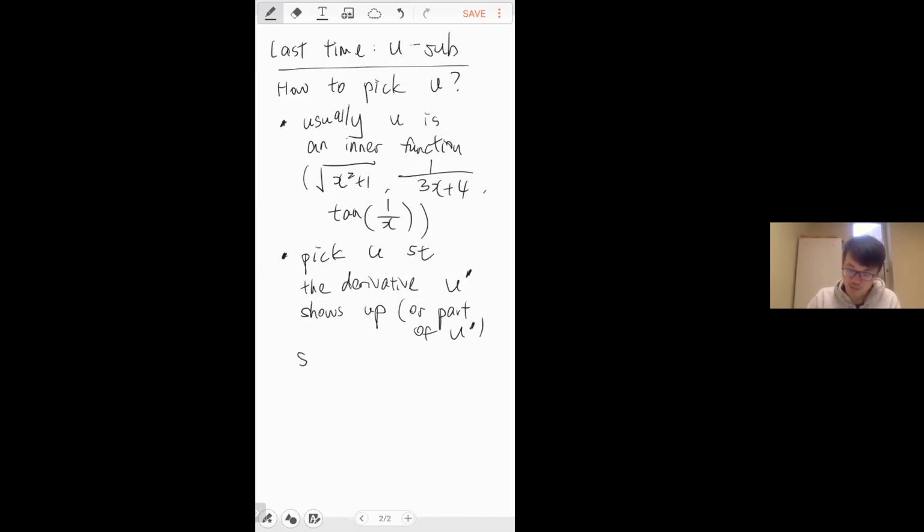The derivative, or part of it, shows up in the integral. We'll do more examples, and then I'll tell you what I mean by that. So far, any question?